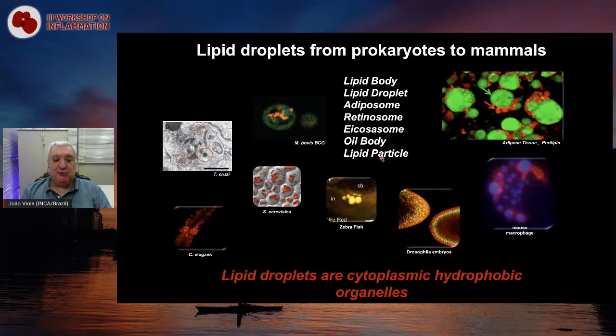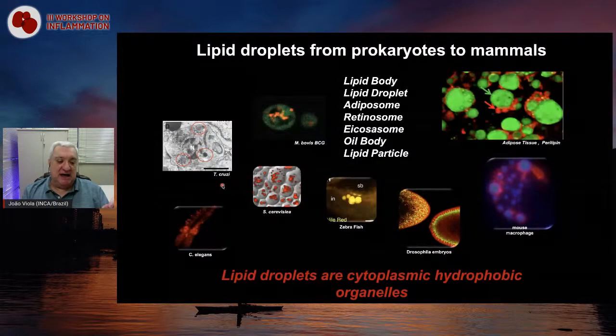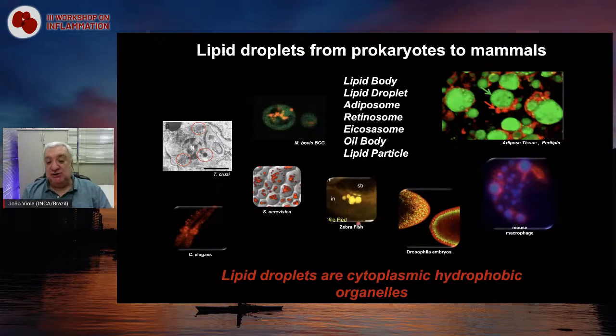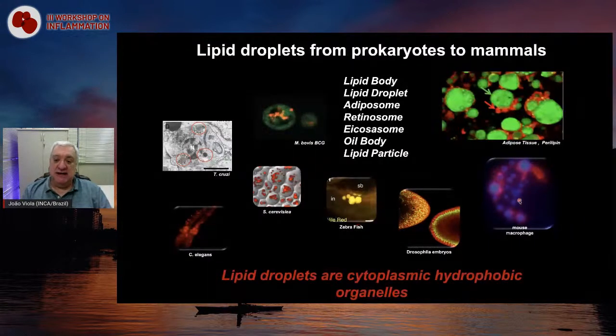It has been demonstrated that lipid droplets are present in most species, such as T. cruzi, C. elegans, Saccharomyces cerevisiae, in fish such as zebrafish, Drosophila, and also in adipose tissues and macrophages, among others.